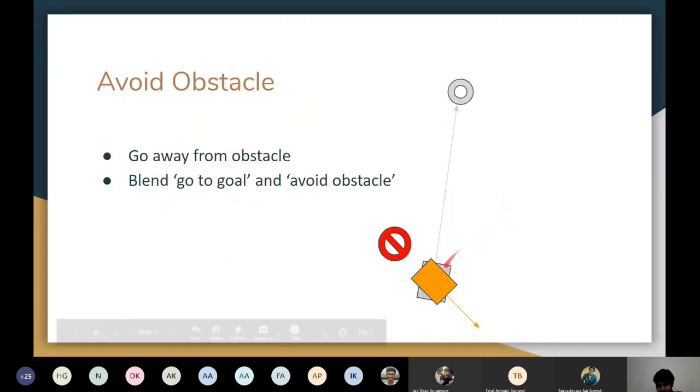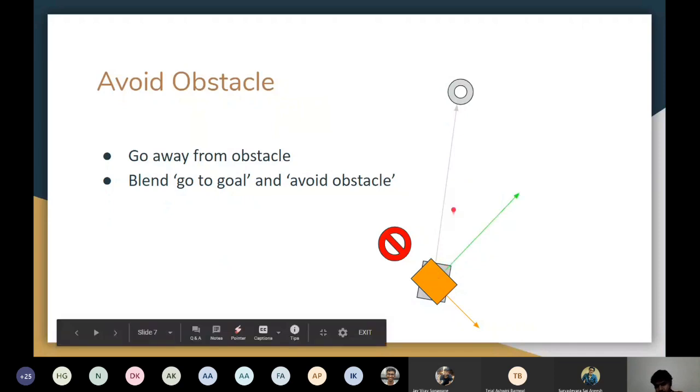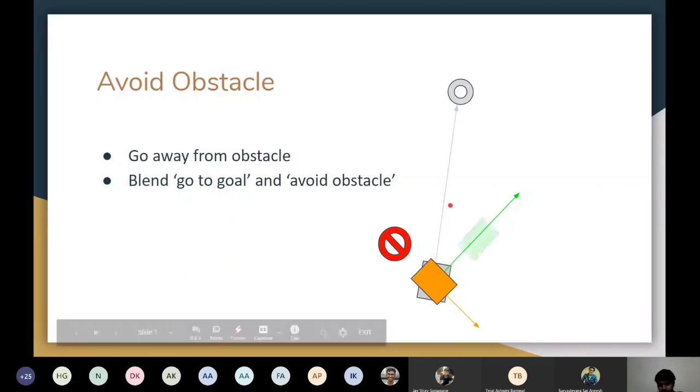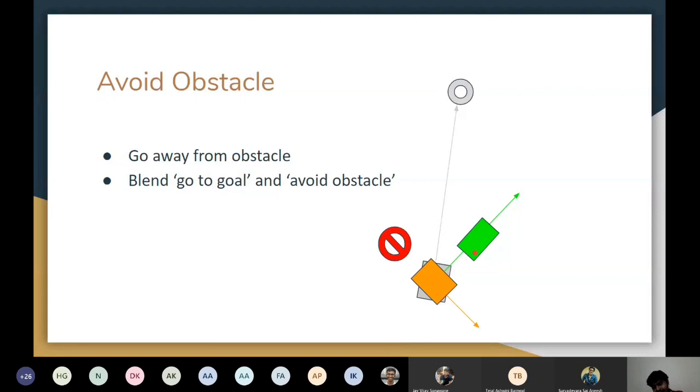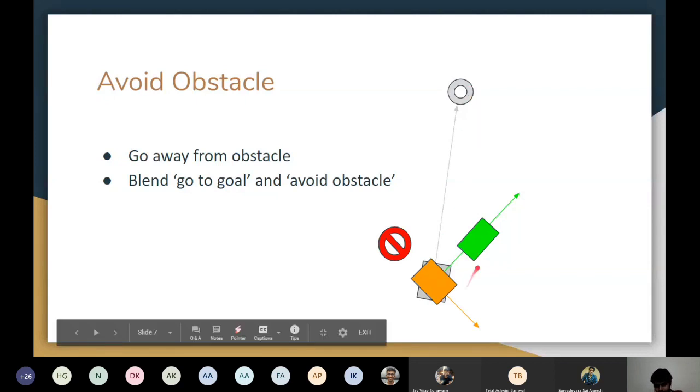We'll not get into that. But yes, we can blend the two behaviors such that we go in a direction where we are avoiding the obstacle as well as trying to go towards the goal. Okay, so now instead of going in this direction, I have effectively changed my direction to this particular path and avoided the obstacle while at the same time going towards the goal.